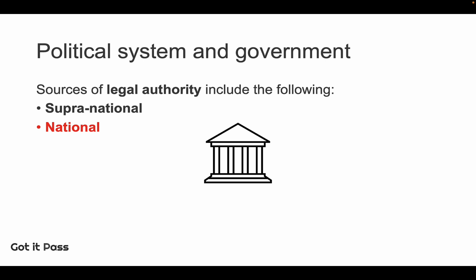They have the principles in case law, also setting precedents. All these are national levels of legal authority that many organizations have to bear in mind. Any new law or legislation will affect their business.